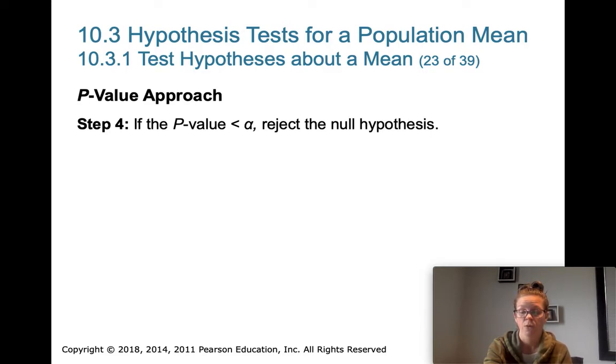If we decide 5% is our level, that's the probability that we're comfortable making a mistake, and we get a p-value that is smaller than that, 0.03, we're going to say, ooh, I guess we have to change our mind. I guess it is the alternative hypothesis. We reject the null.